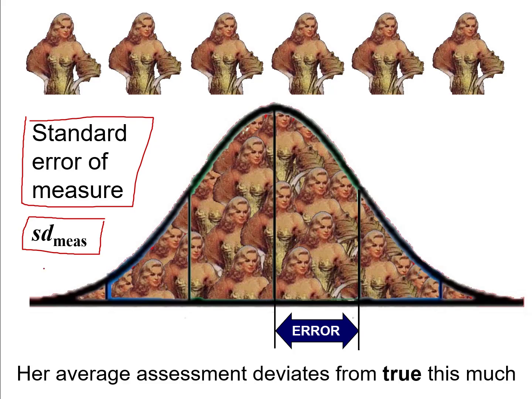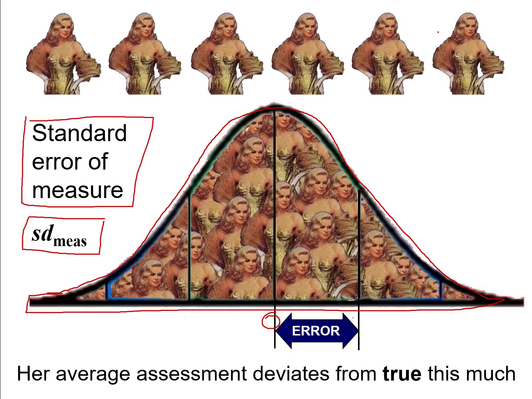The standard error of measure is the standard deviation of a distribution of measurement error. So that's if we assess the same person over and over and over again an infinite number of times and get all those scores when we give the infinite pool of possible assessments to the single person, and then look at how far on average each assessment typically deviates from that person's true score.